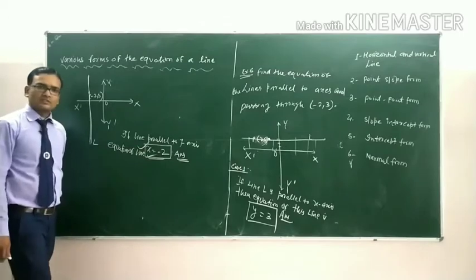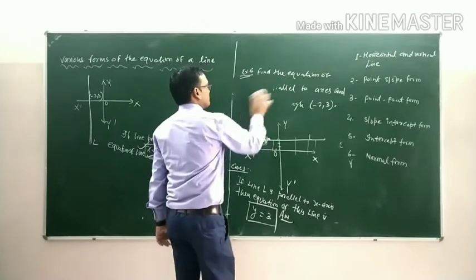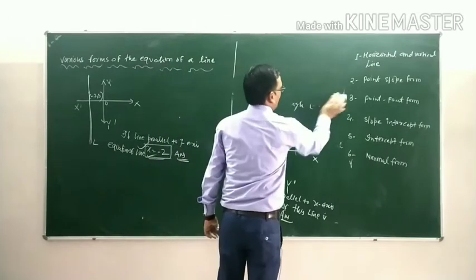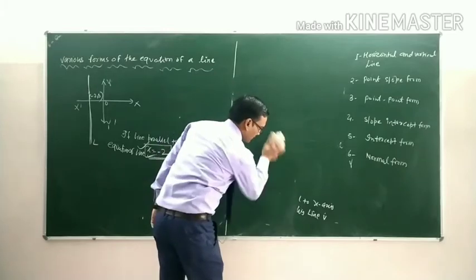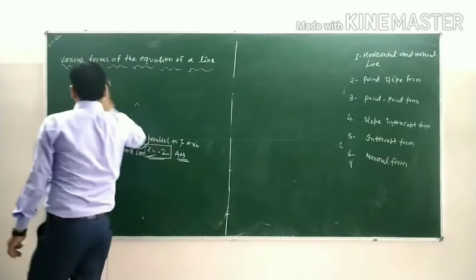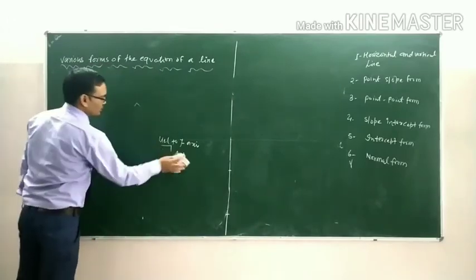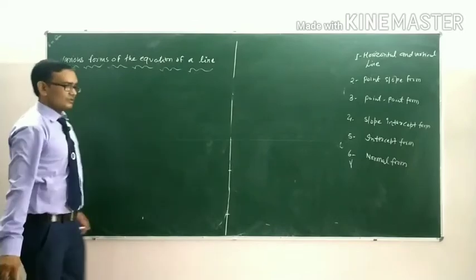Okay students, let us move to the second form of the line, the point slope form. That means a line passing through a point and with slope m, then what is the equation of the straight line?